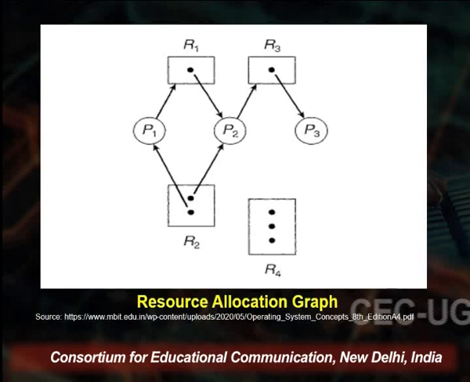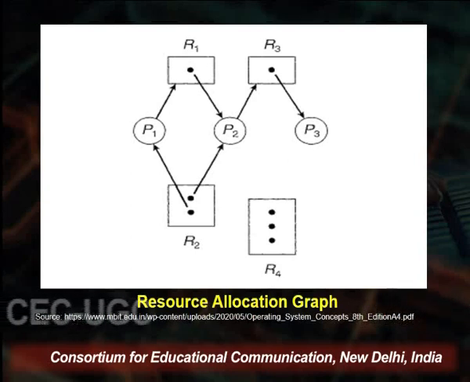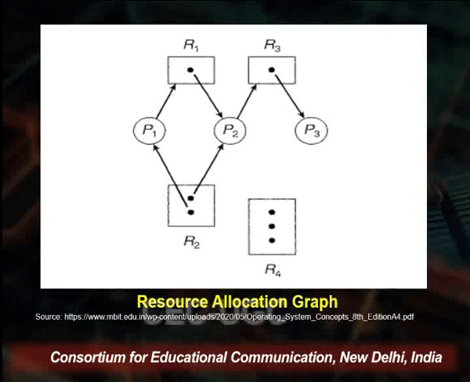This graph depicts a very clear picture of the total resource state: how many resources are available, how many copies of those resources there are, which processes are looking for which resource, and which resources are allocated to various processes.